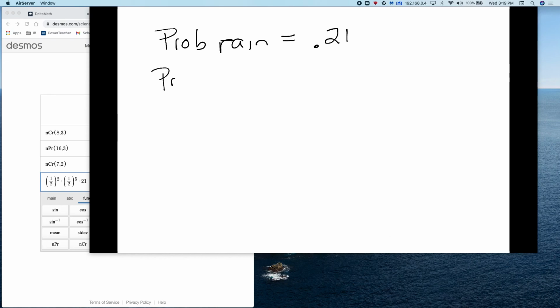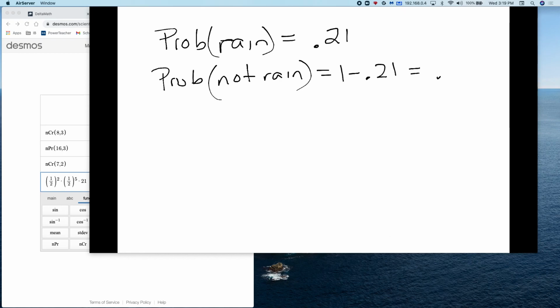And the probability that it's not going to rain would be equal to 1 minus 0.21, because either it's going to rain or it's not going to rain, or in that case 0.79. Okay, and we're going to think this is utopia. It's either going to rain or it's not going to rain. There's no in between.